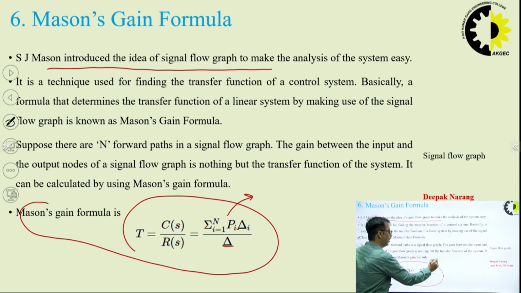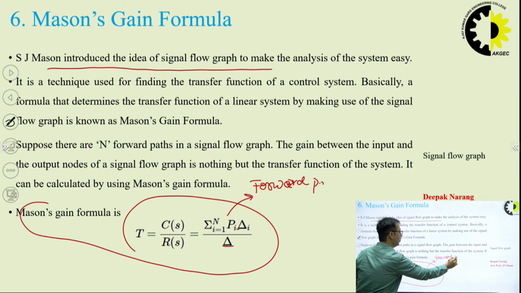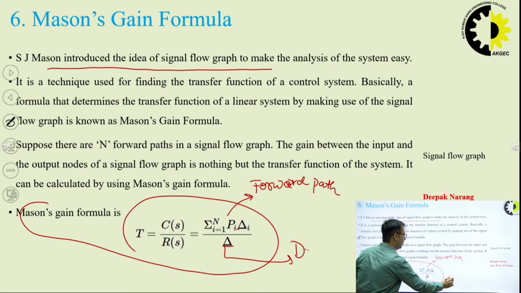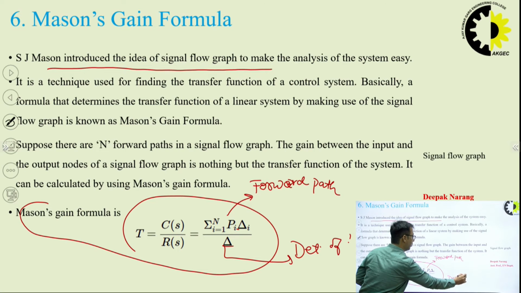This Pi is the forward path, the number of forward paths, and this delta is the determinant of loops. So the numerator part basically deals with the forward path, and the denominator part deals with the looping section.